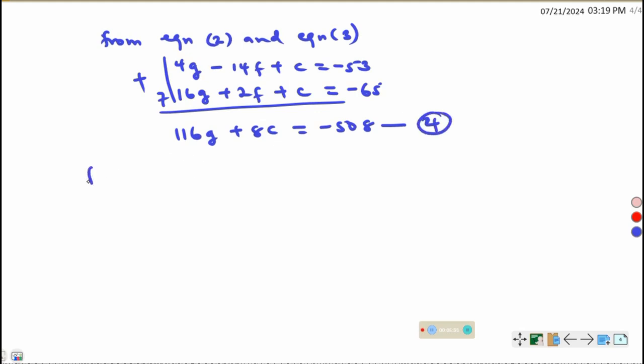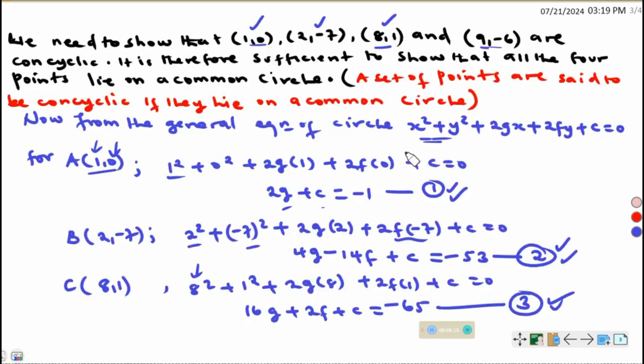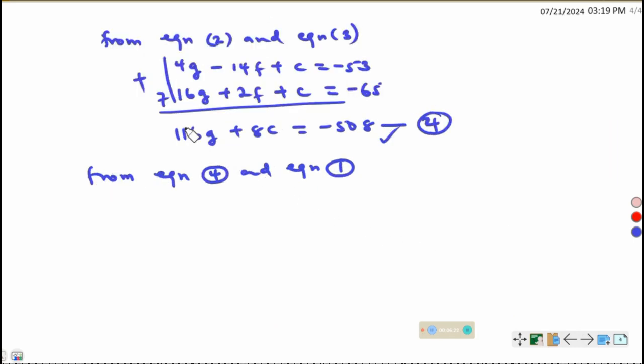So from equation number 4 and equation number 1, we shall be able to have two unknowns only, that is g and c.